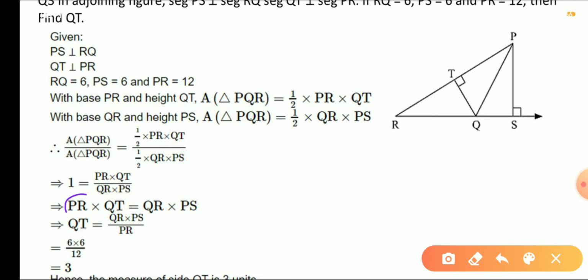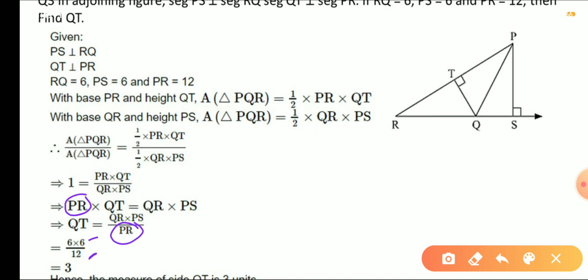We transfer PR to the right side and finally we get QT is equal to QR into PS upon PR. We know the measurements of QR and PS: QR is 6 cm and PS is 6 cm, upon PR which is 12 cm.